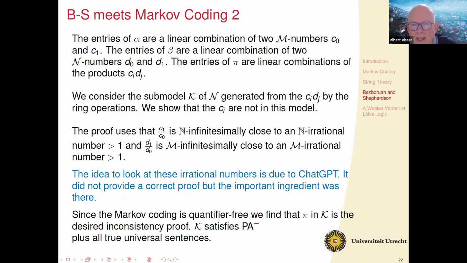As far as I know, but I probably don't know everything, all of them use slightly more than you have in PA minus. But it would be very interesting to see whether that was true. Certainly for Bezboruah-Shepherdson, nobody ever thought about more abstract formulations of that.